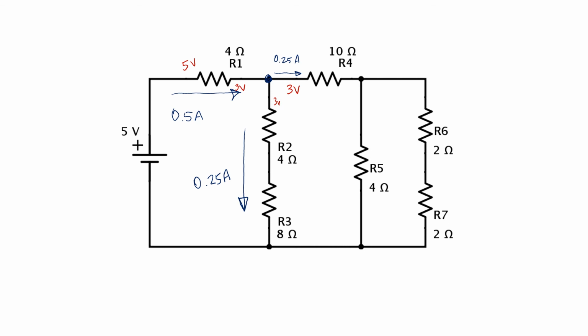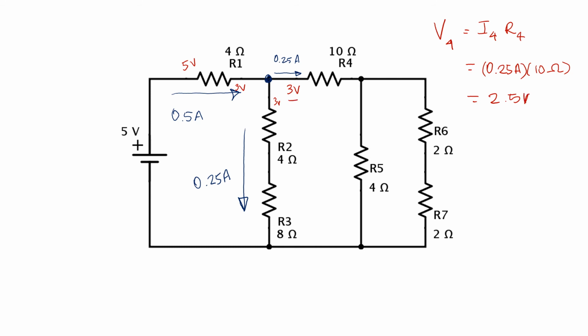If I'd like to know how much potential is dropped across the fourth resistor, R4, I can figure that out by taking the product of the current through the fourth resistor and the resistance of that fourth resistor. So we know that 1/4 amp flows through the 10 ohm resistor, and so that means 2.5 volts is dropped across there.